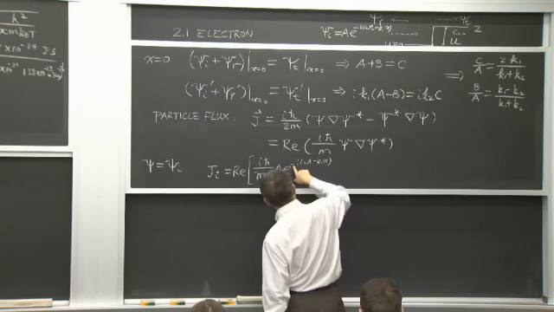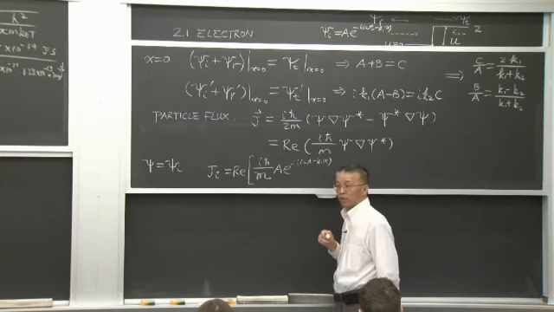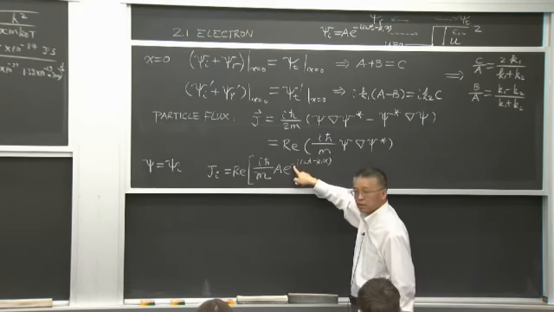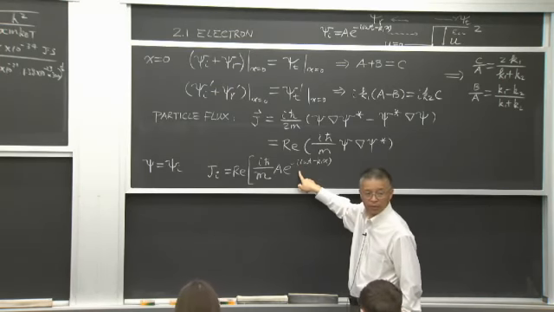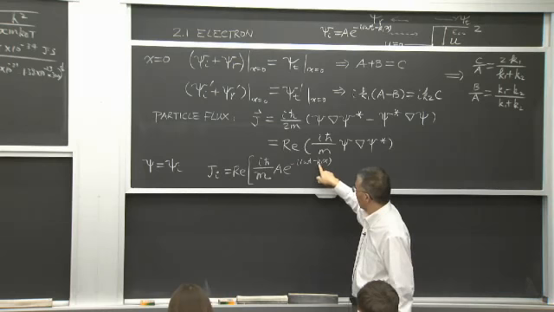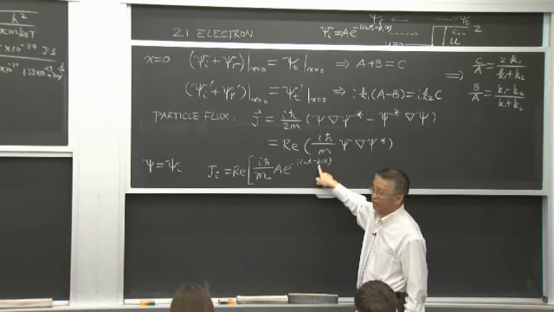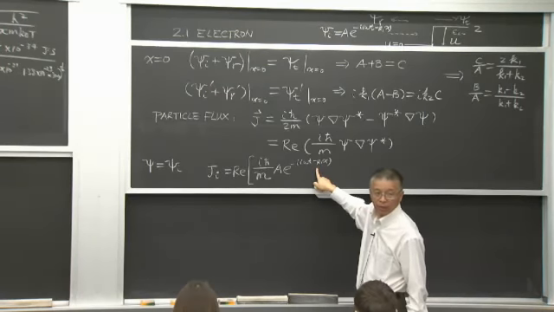I first take the complex conjugate and then take the derivative. In the complex conjugate, minus i becomes plus i. I'll take k1 more generally, as possibly real or imaginary, a complex number.